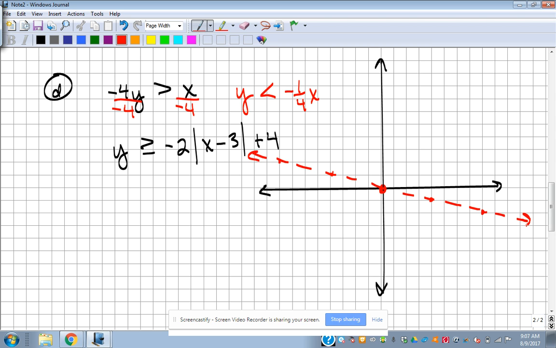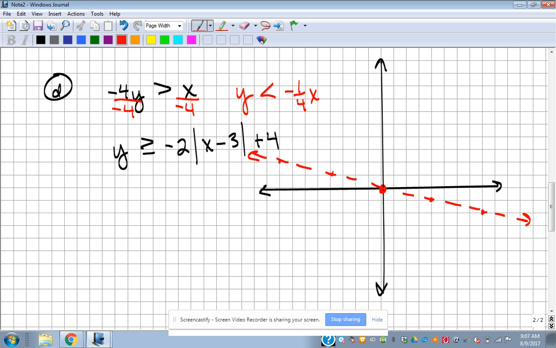Dotted line. Now, I've got to shade that, and I can't use 0, 0. Why can I not use the origin? Because the line's on it, okay? So I can't use that. I've got to pick some other ordered pair to check. So I'm going to pick something easy like 1, 1. Is 1 less than negative 1/4?